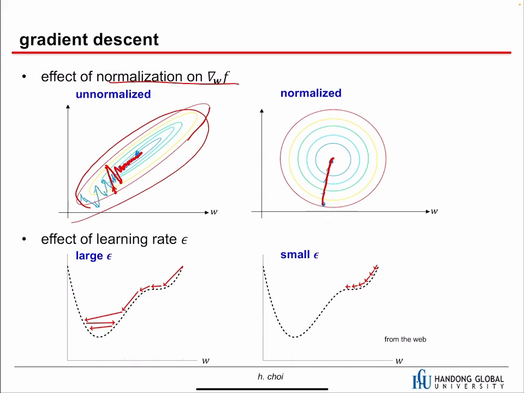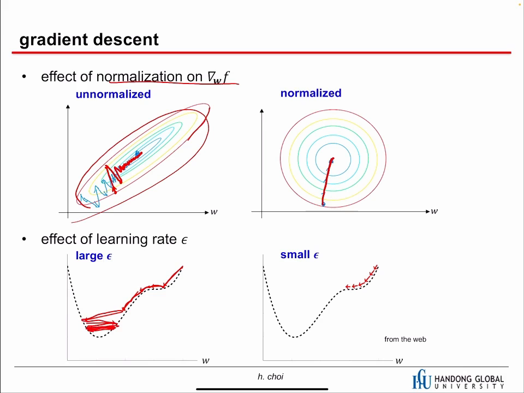And the next one is the effect of the learning rate. When the learning rate is large, then at the beginning of this training, it's great. It can learn really fast. But when it is around the local minimum, then it cannot converge to local minimum because the step size is large.